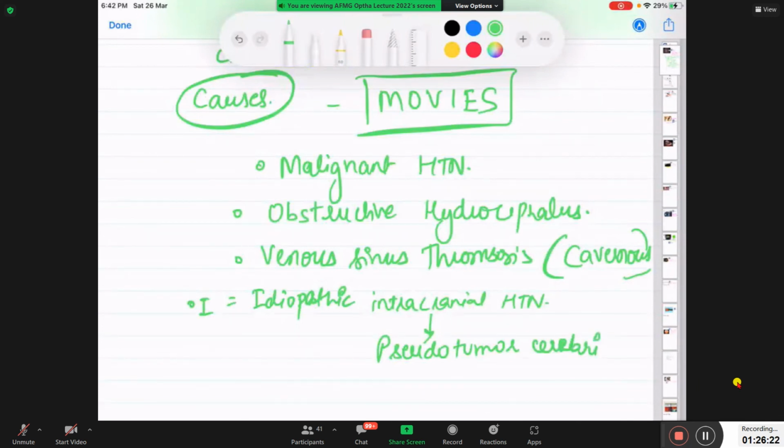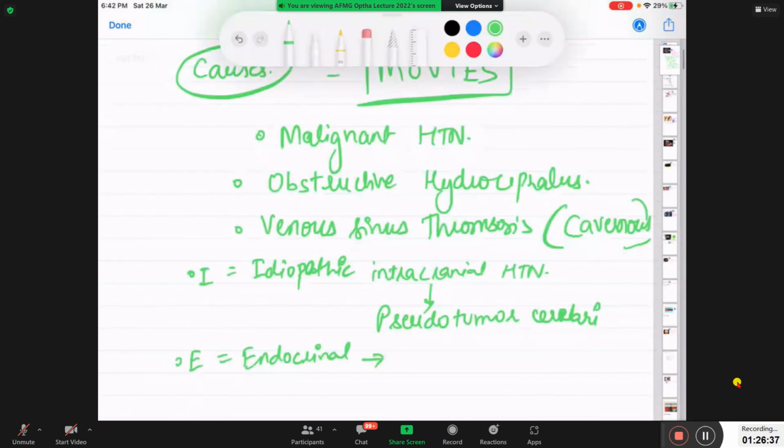And E stands for endocrinal cause, which is toxemia of pregnancy.